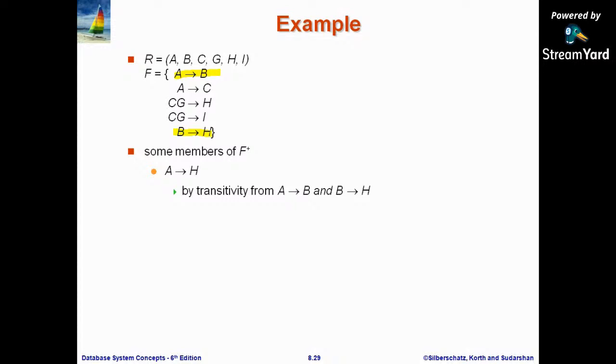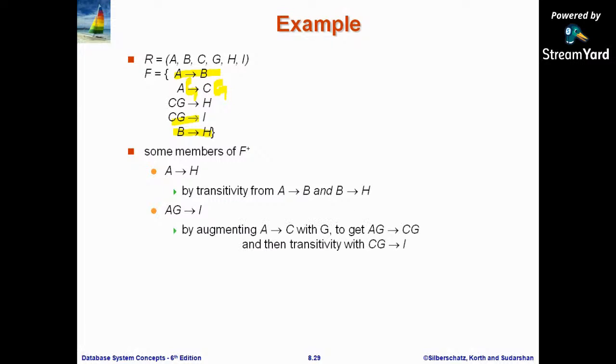What are the other functional dependencies which can be derived? You can see that another functional dependency which can be derived is AG tends to I. How does this come? You can multiply with G: AG tends to CG and CG tends to I, then AG tends to I. So this functional dependency can also be derived.